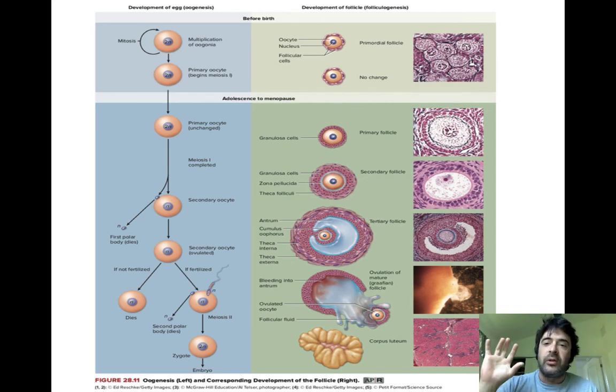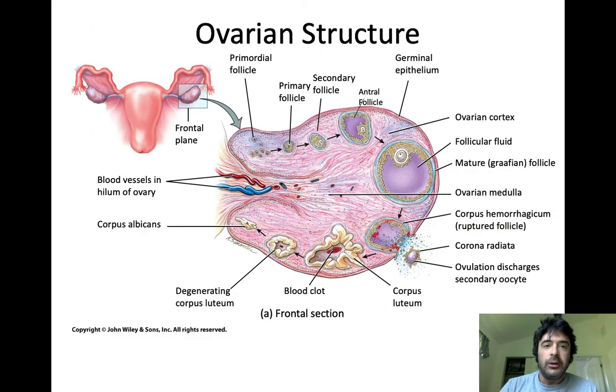Again, I know that this is a really brief overview. It doesn't matter. Just keep that in mind as we go through this next image. So we have our ovarian structure. Here we're looking at a frontal section of the ovaries. The ovary, like many organs, can be broken into the ovarian medulla and the ovarian cortex.